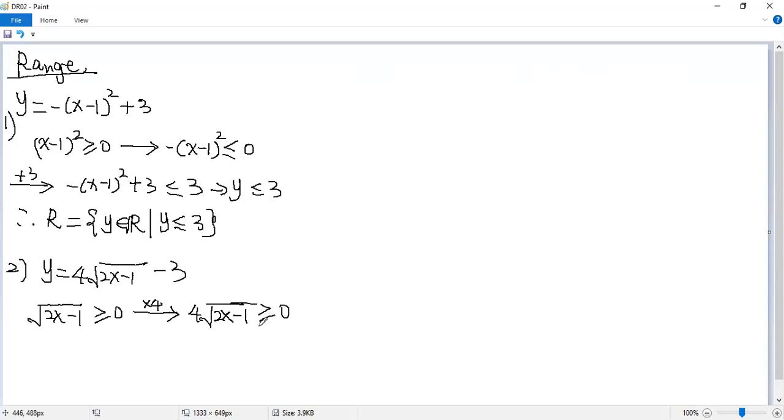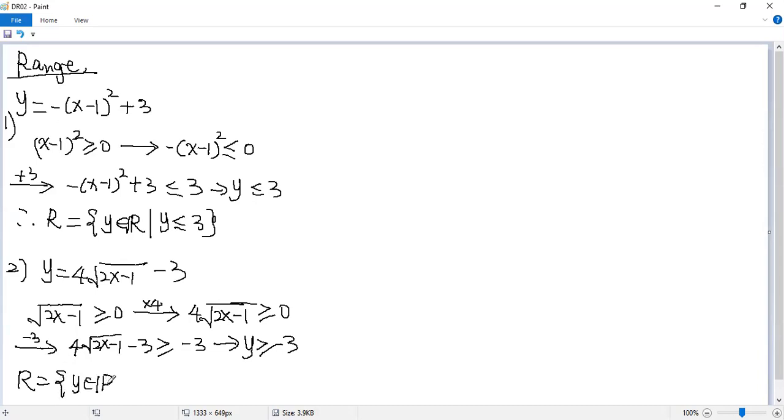We keep the same direction. And then we subtract 3 from both sides. So we get 4 times the square root of 2x minus 1, minus 3, and the right side 0 minus 3, negative 3. So this is greater than or equal to negative 3. Again, the left side actually is y. So y is greater than or equal to negative 3. So the range for this function is: y is a real number, but y greater than or equal to negative 3.